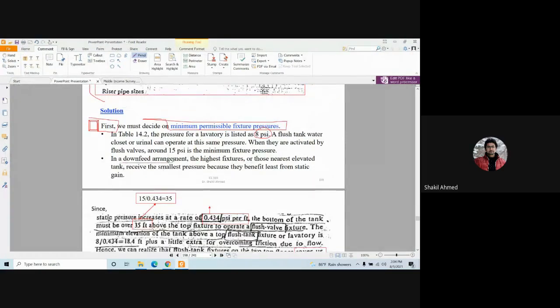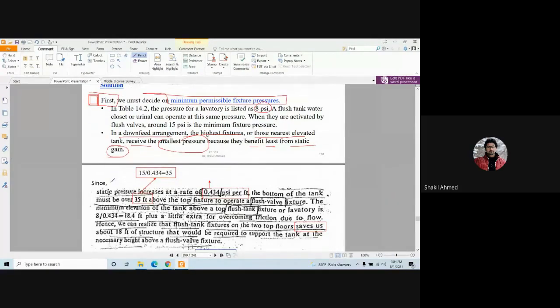Now, in a downfeed arrangement, the highest fixture, I mean the topmost fixture, those nearest the elevated tank, this is the smallest fixture because they benefit least from the static gain. Static gain means pressure gain from the elevation.